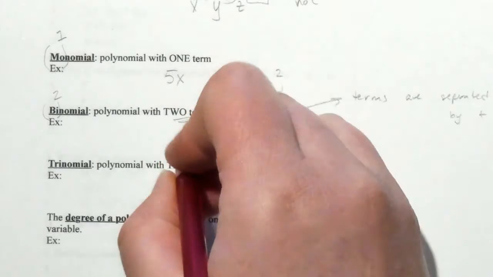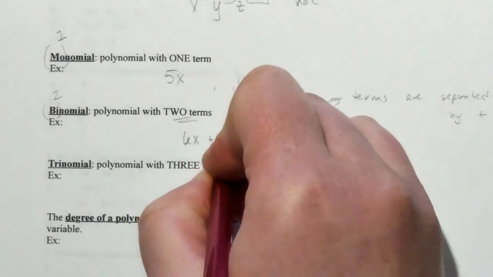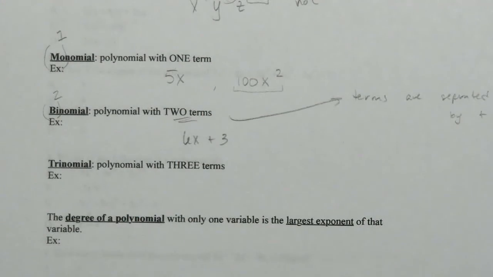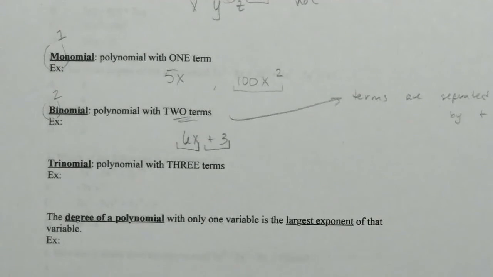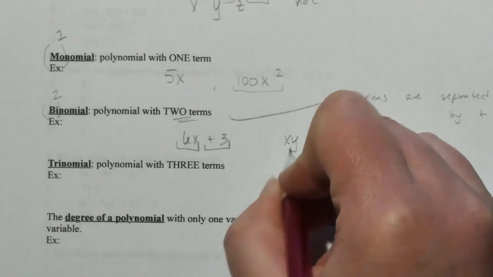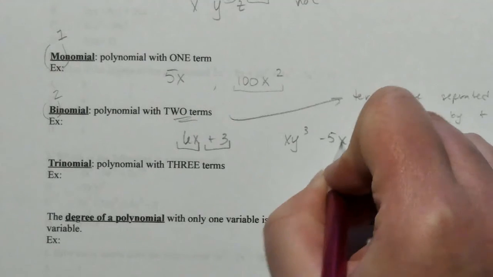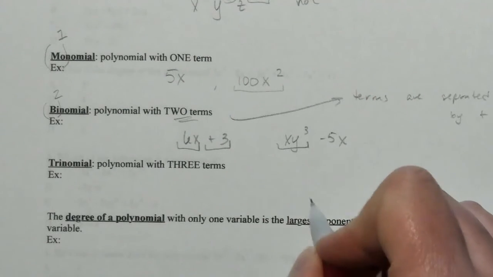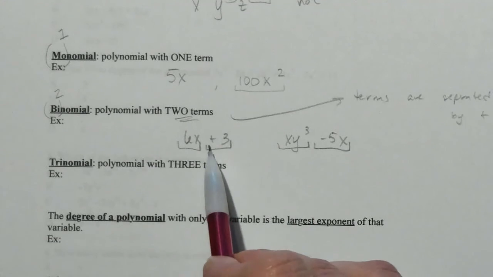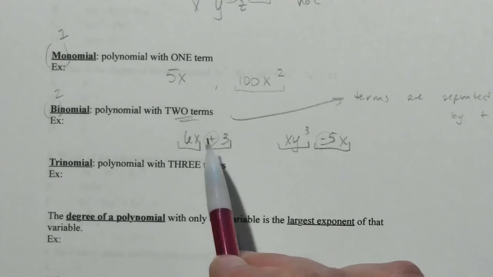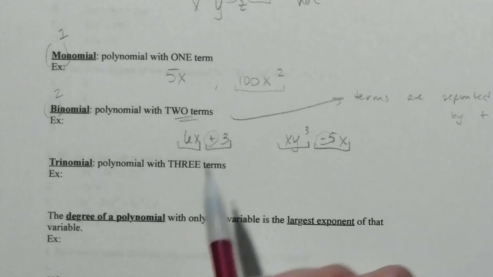So if I had 6x plus 3, that's an example of a binomial, because I have one term here and one here. Okay. Or if I had xy cubed minus 5x, I have a term here and a term here. And those terms are really separated by that addition or subtraction. So these are just two separate cases of what a binomial is.